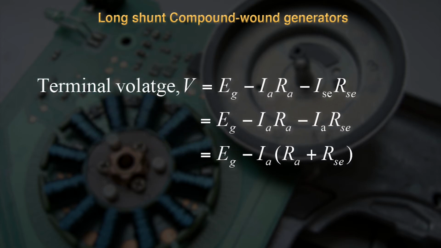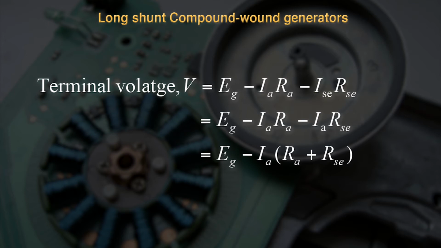So if you want to calculate the terminal voltage across the load that is connected between terminals C and D, the expression for terminal voltage V can be written as Eg minus IA RA minus ISE RSE, where IA RA is the voltage drop across the armature resistance and ISE RSE is the voltage drop across the series field winding resistance.